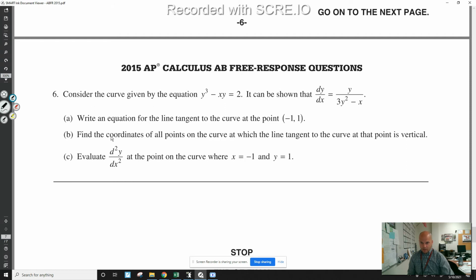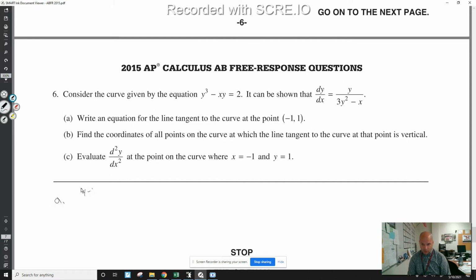Look at A, look at B, look at C. Write an equation. Find all coordinates of the points on the curve at which the tangent line is vertical. Evaluate the second derivative. You don't have to solve this. Thank goodness, because you wouldn't know how to solve this. It's fantastic. We just have to do these three parts.